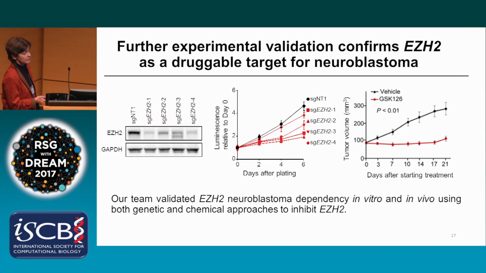We also showed that in mice, the tumor volume shrinks after the tumors are treated with an EZH2 inhibitor. In this case, we used GSK126, and we also experimented with several others, like JQ1.